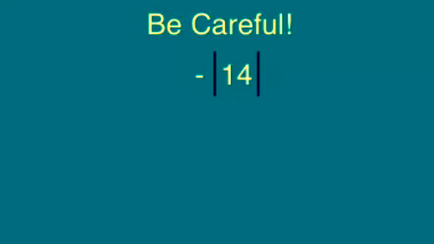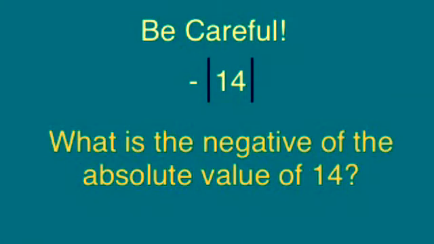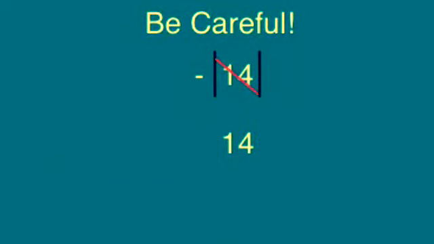Previously, I mentioned that absolute value will always result in a positive solution. But here's a situation in which you need to be careful when solving for absolute value. This situation can be read as, what is the negative of the absolute value of 14? If you recall from my video on the order of operations, absolute value is also a grouping symbol.